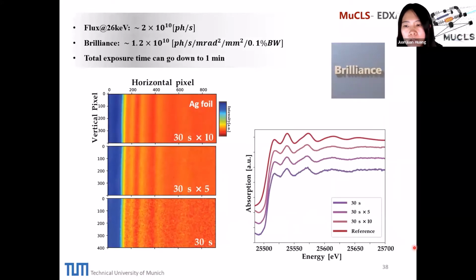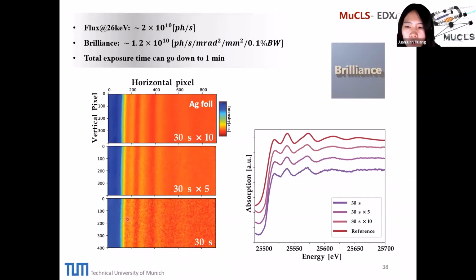Yeah, the brilliance of the source is also much higher than that of X-ray tubes, and this enables a very efficient data acquisition. In this figure, I give you an example of a square region of interest by merging a different number of exposures and the corresponding spectra.